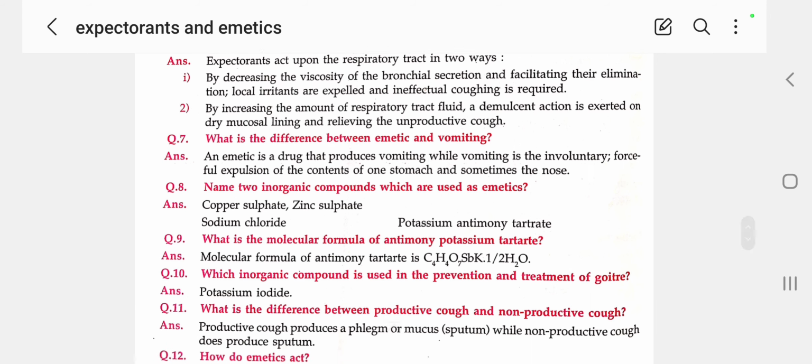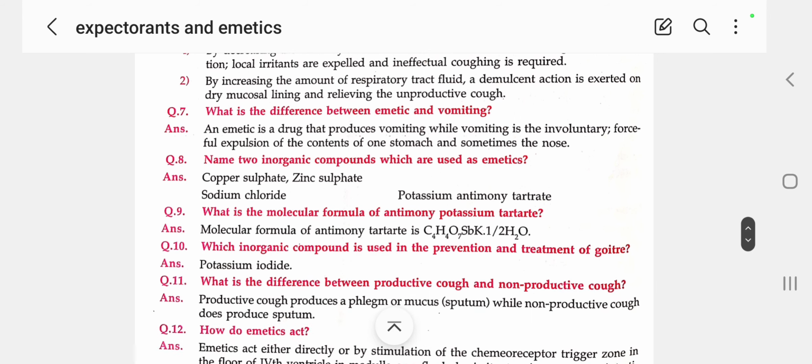Next, what is the difference between emetic and vomiting? An emetic is a drug that produces vomiting, while vomiting is the involuntary forceful expulsion of the content of one's stomach and sometimes the nose.